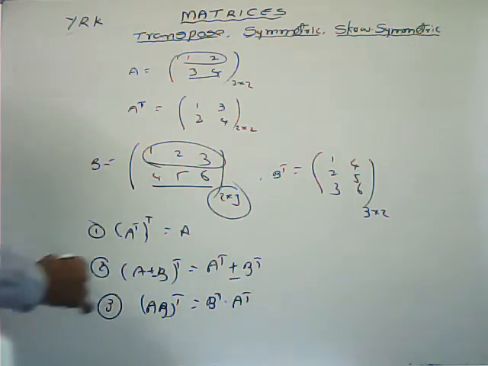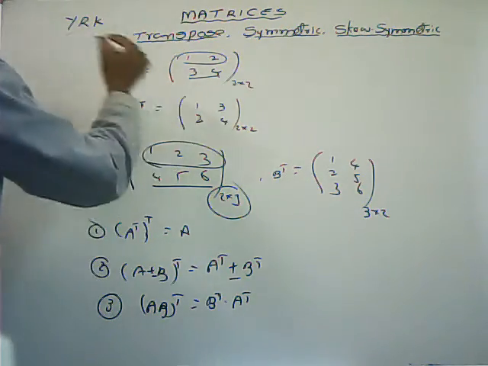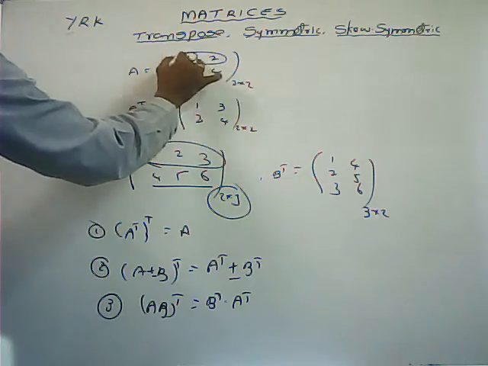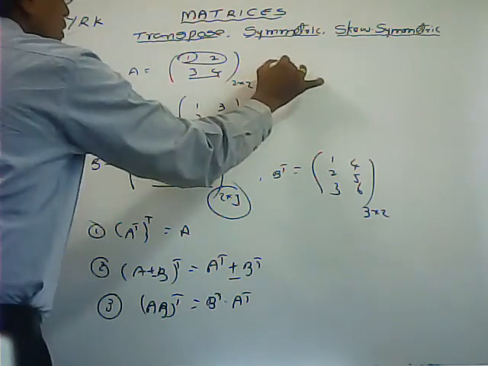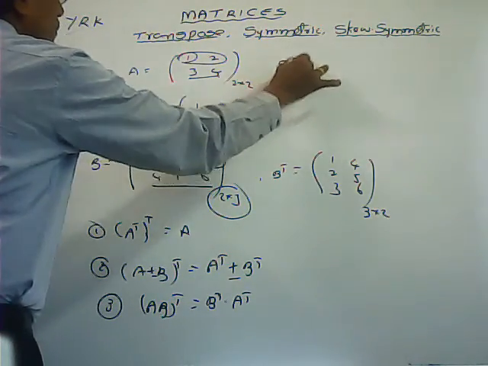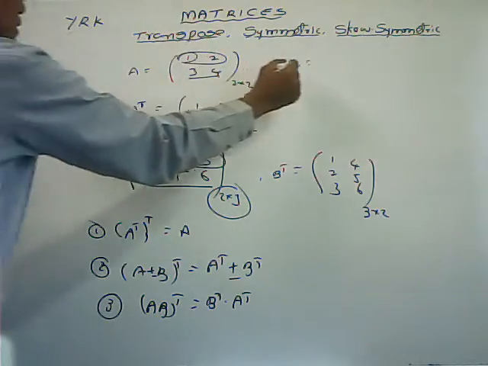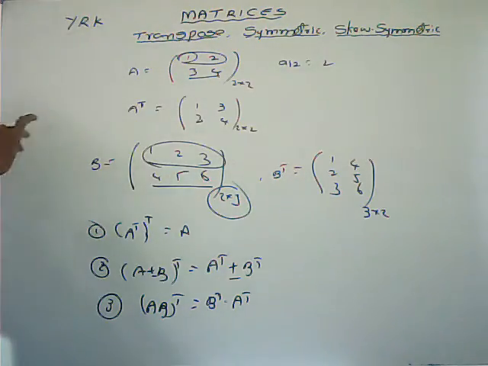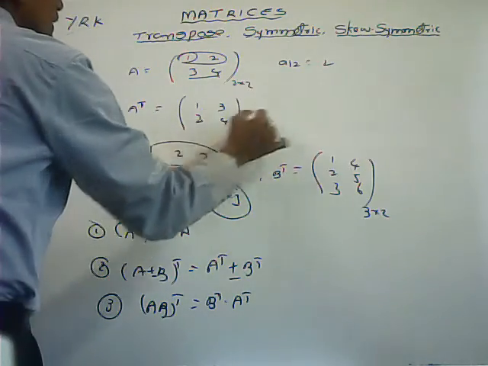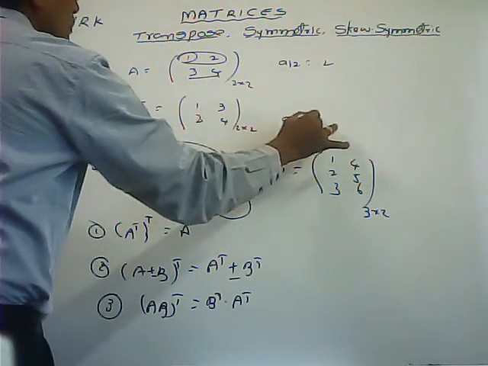Here, by observing these two, the ith row jth column element, for example, the first row second column element is 2. In the transpose of A, the second row first column element is 2.